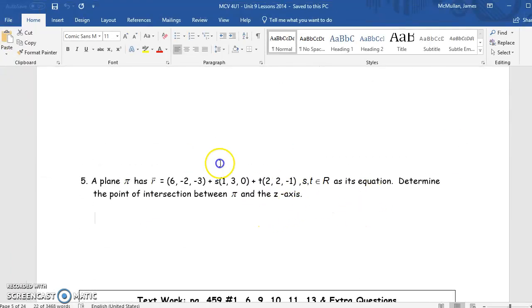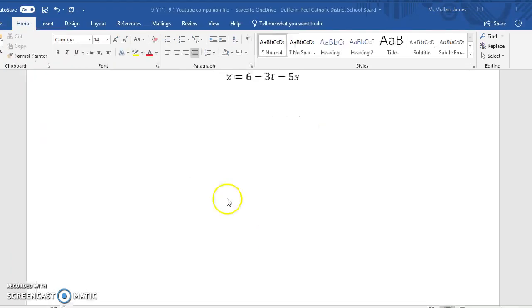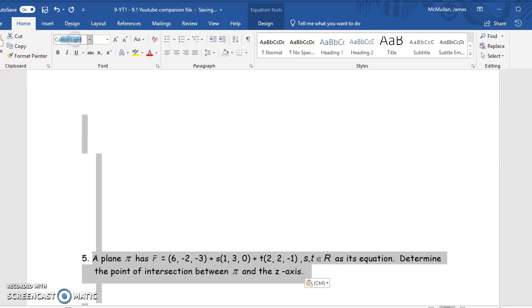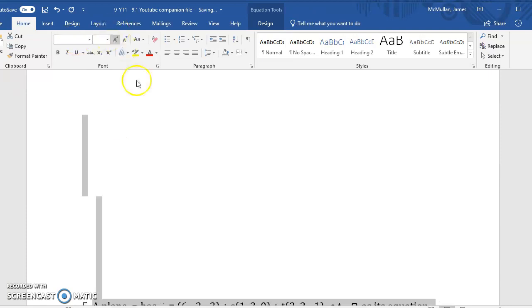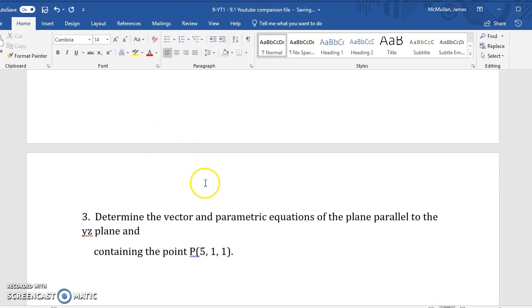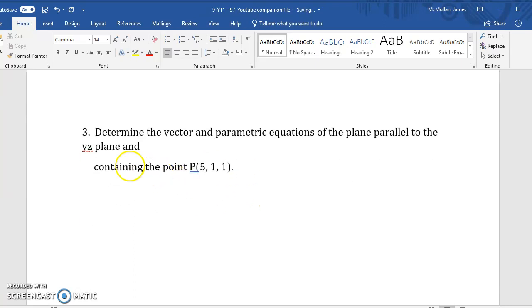What does the YZ plane mean? You need to know what that is. Parallel to the YZ plane, if you can think back to what that meant, means no X direction allowed.